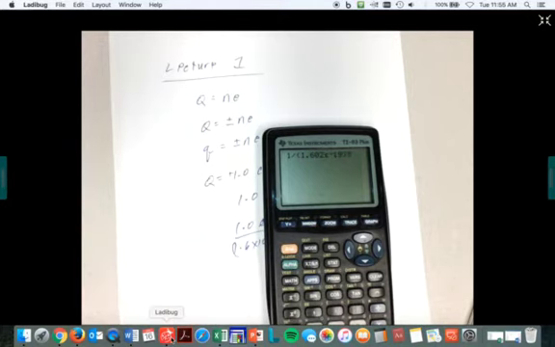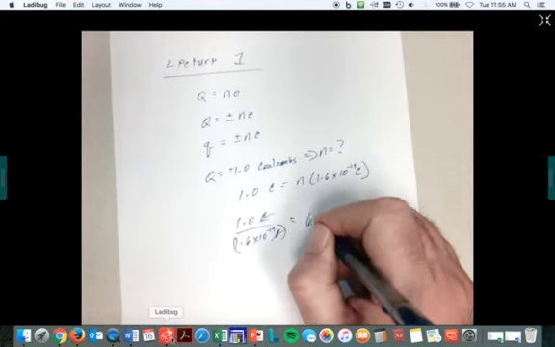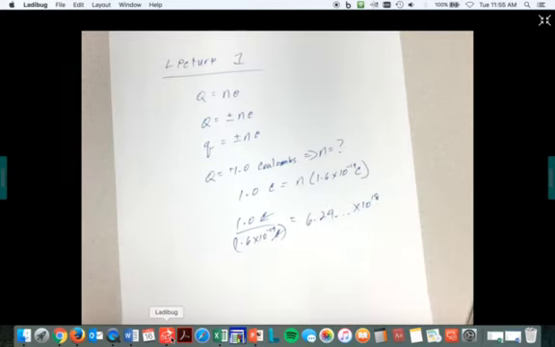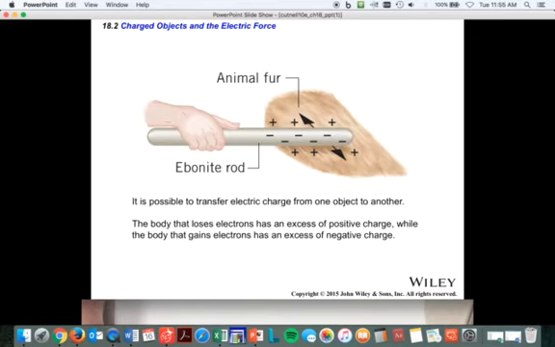We're going to be using lots of small numbers in this class, and so when we're using small numbers, you want to make sure that you use the parentheses. Boom, 6.24 times 10 to the 18. Notice no units. Okay? All right. So that's how that works.